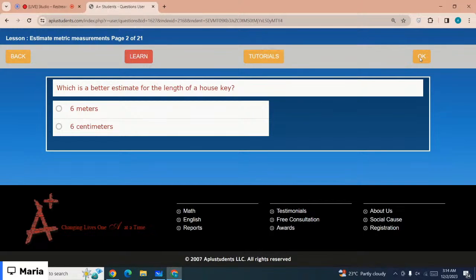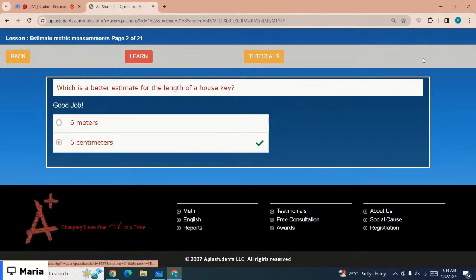The options you are given are 6 meters and 6 centimeters. Yes, the correct option is 6 centimeters because for a key, 6 meters is a bit long, right?